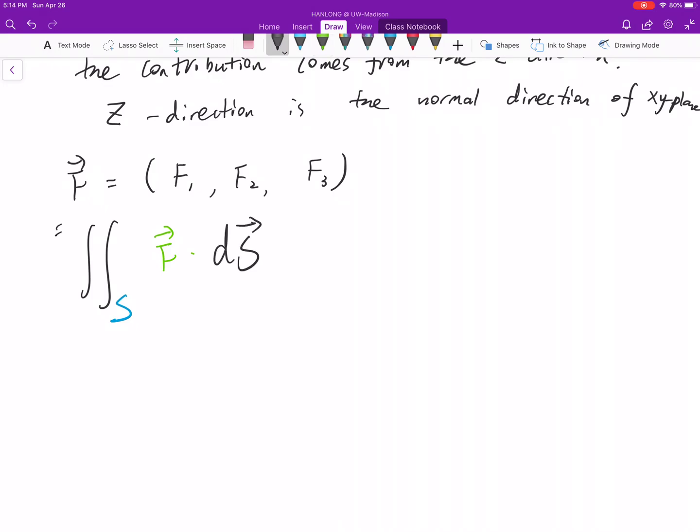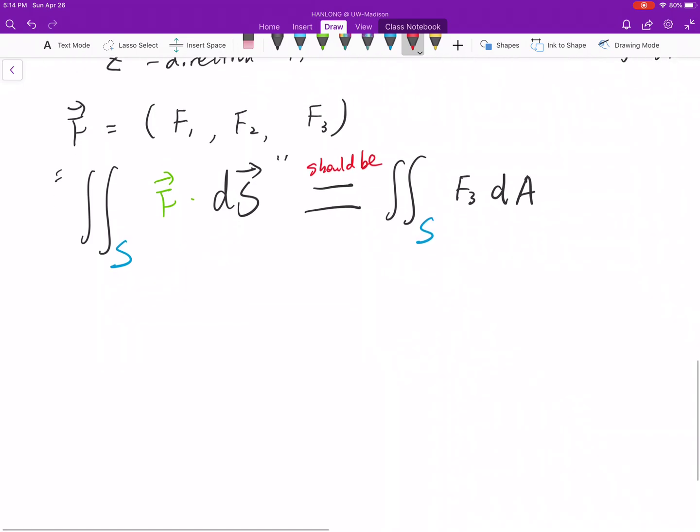So that's what we need to define. But from physics, it should be the integration over S, where only the z component contributes, dA.